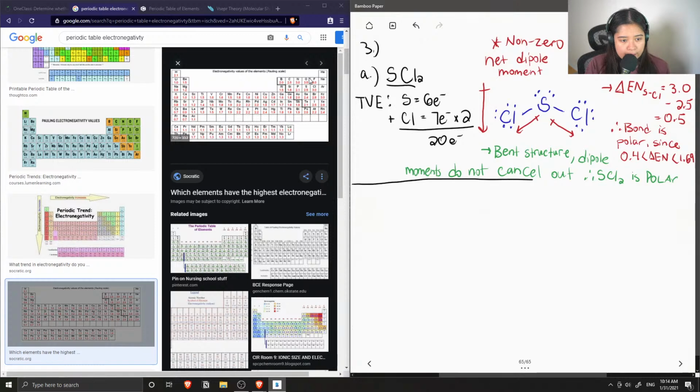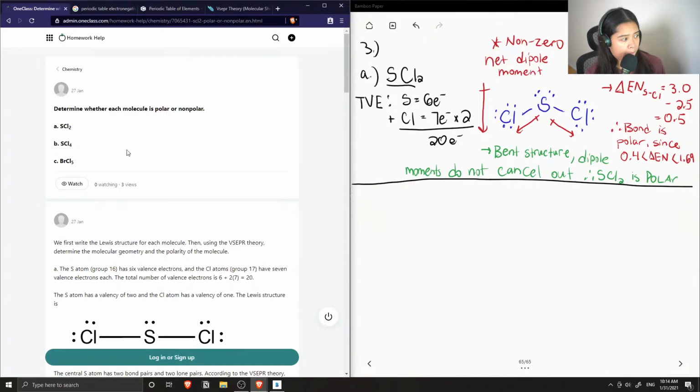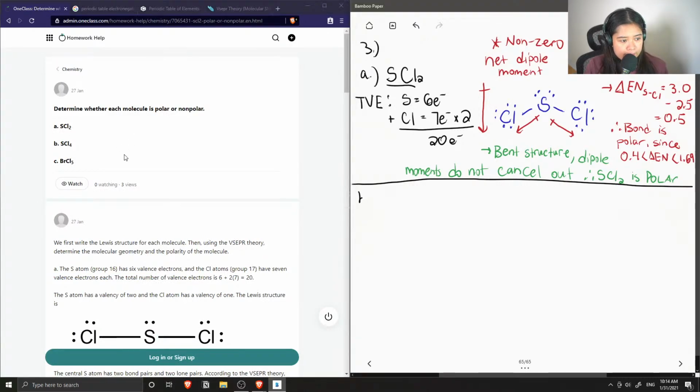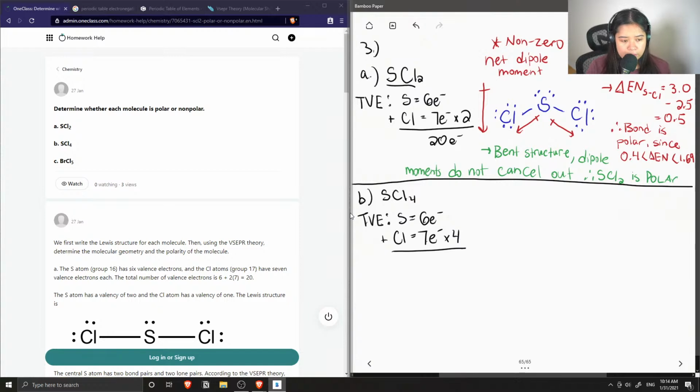And now let's analyze our second structure, which is sulfur tetrachloride. So again, we need to calculate the total number of valence electrons, sulfur having 6, chlorine having 7, multiply the 7 by 4, and we get a total of 34 valence electrons.